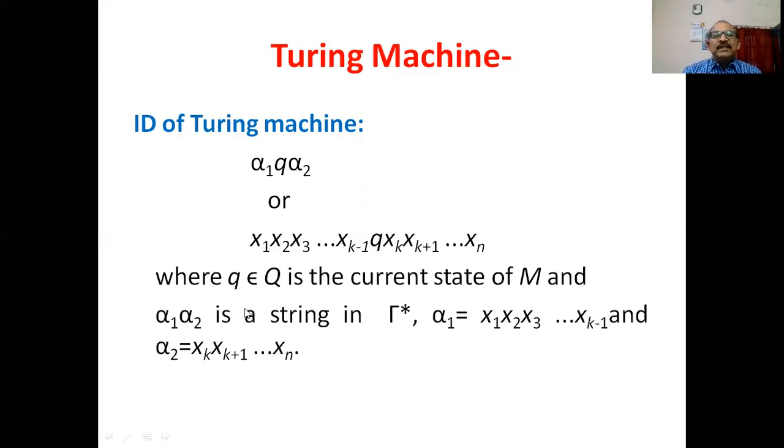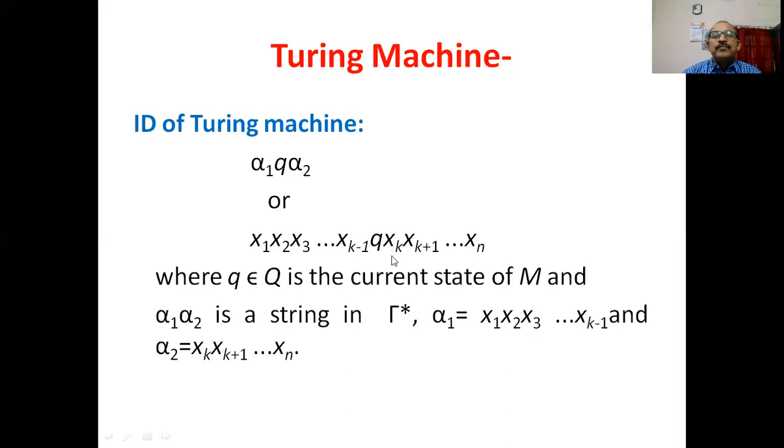So this is the way we can represent the current configuration of the machine. Here Q means the current state of the machine, and the tape head is pointing to this xk. The symbol under the tape head is xk.